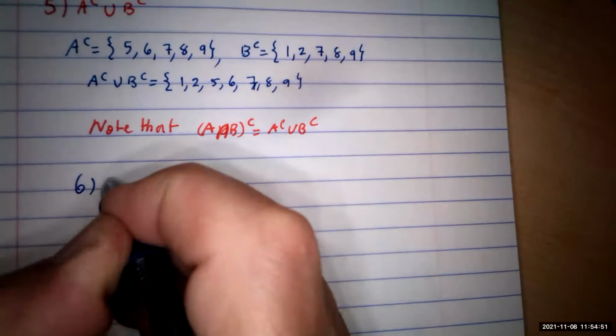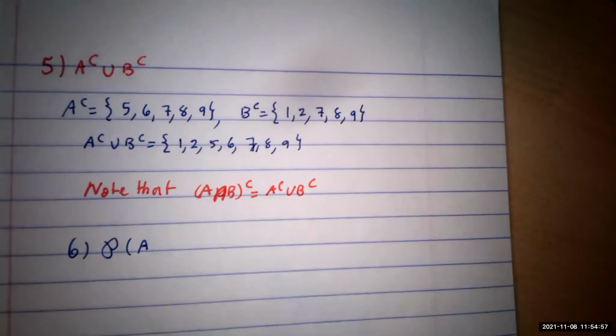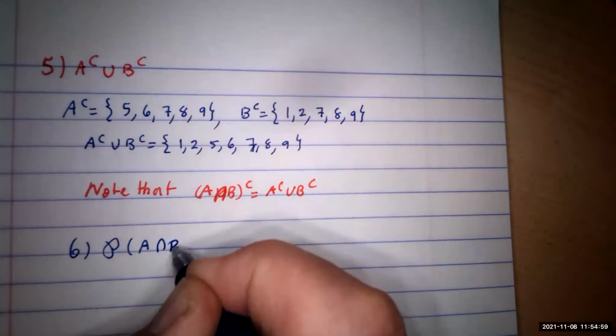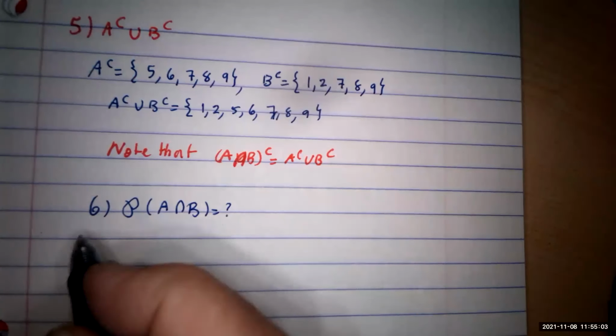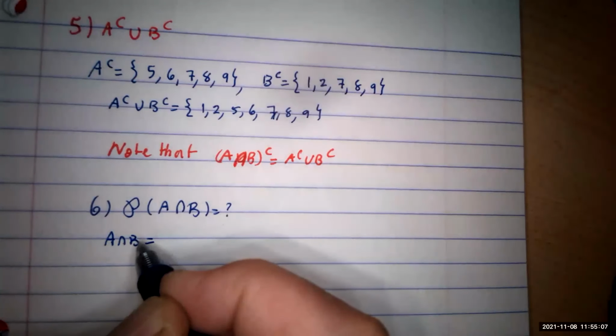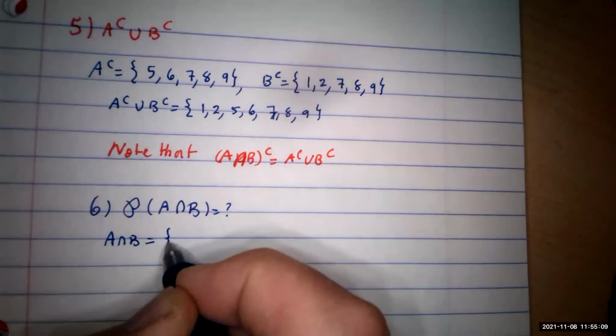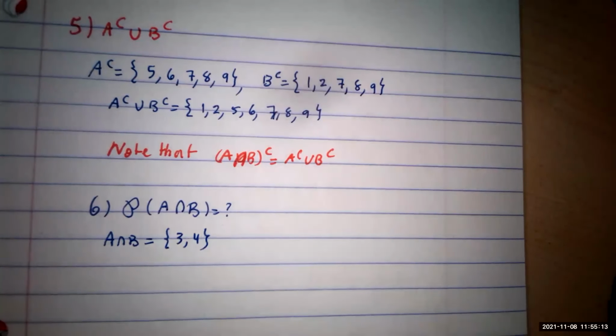Number 6, you want to find the power set of A intersect B. So you have the intersection. What was the intersection set? A intersect B was 3 and 4. You want to find the power set, all the possible subsets.